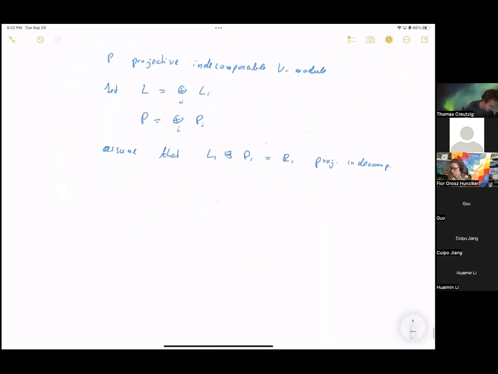So, with another property, I make an enormous amount of assumptions.